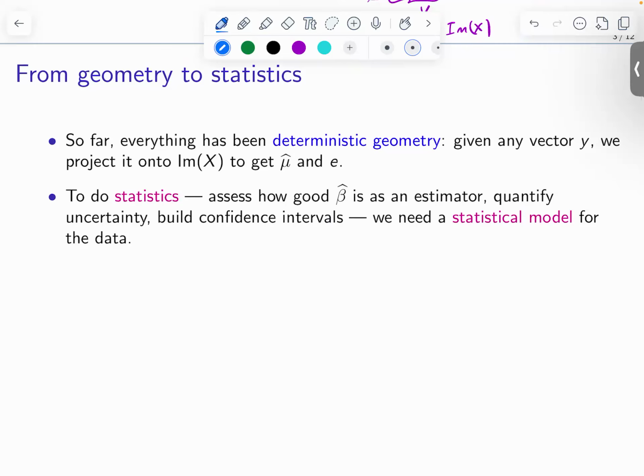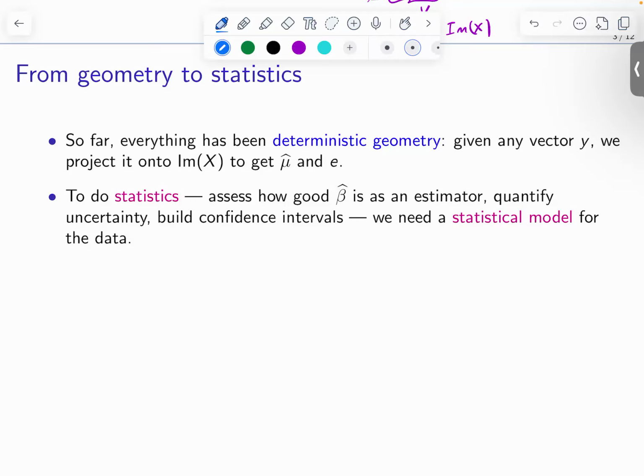So far, everything has been deterministic, like geometric and linear algebraic, or deterministic geometry if you want. Given a vector y and a capital X, these are like numeric constants. Even in R, you get a vector of numbers and you get a matrix of numbers.